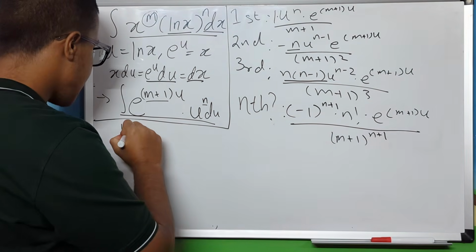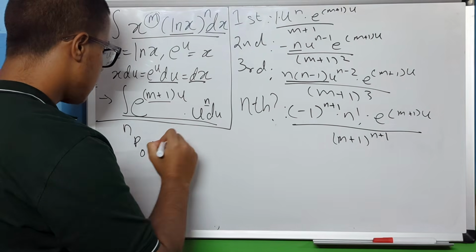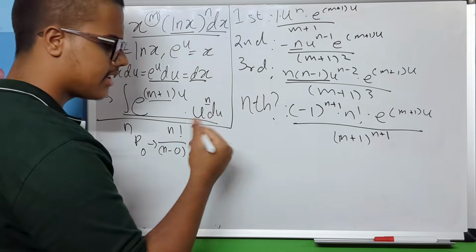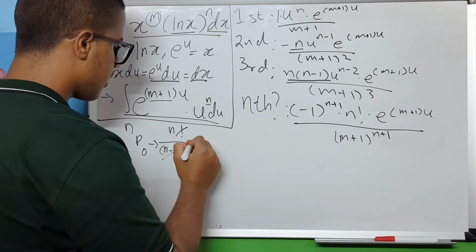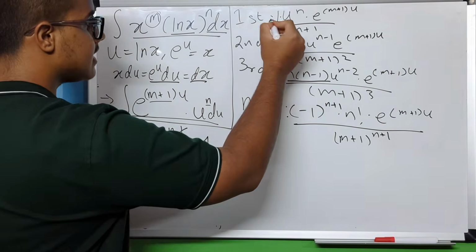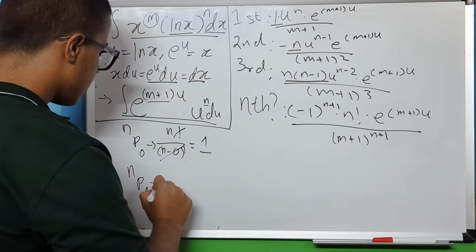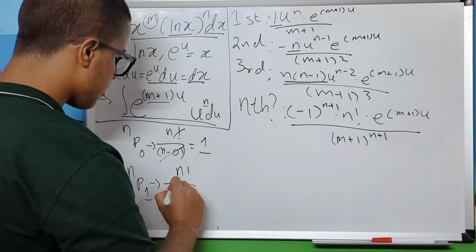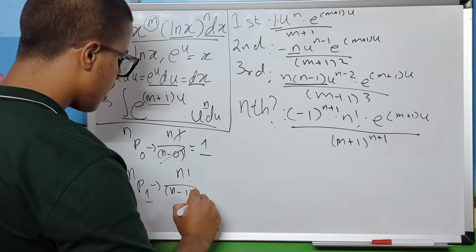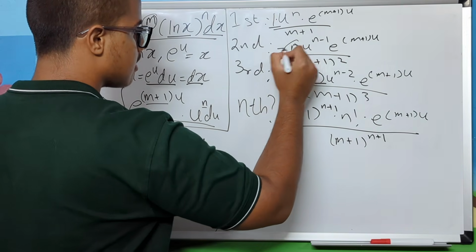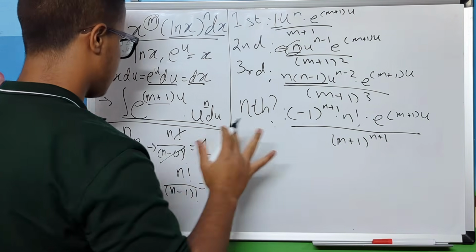If we have nP0, this is n factorial over n minus 0 factorial, which is n factorial over n factorial. This cancels out, we get 1, which matches up with this. And then if you have nP1, this is n factorial over n minus 1 factorial, which is equal to n, which matches up with this, but since it's alternating, we have a minus 1, that's not a problem.